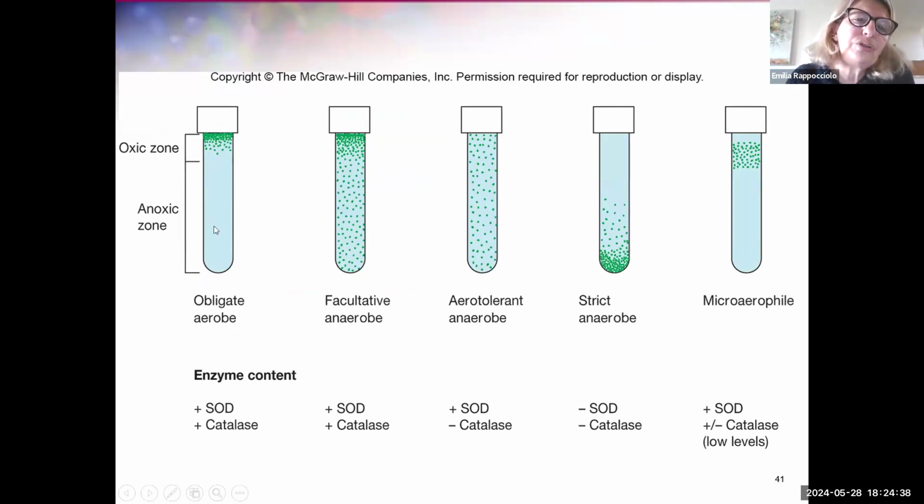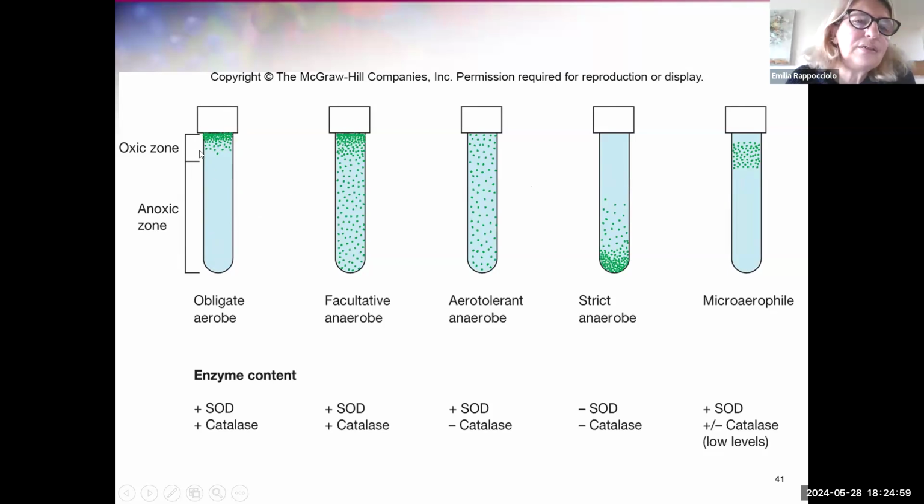Here we have a drawing that shows how you would find different categories of bacteria according to their relationship with oxygen. This is a test tube. In a test tube, you will have a lot of oxygen at the top and no oxygen at the bottom.